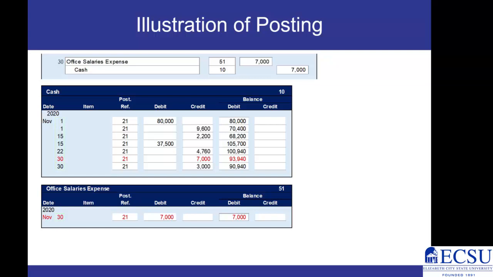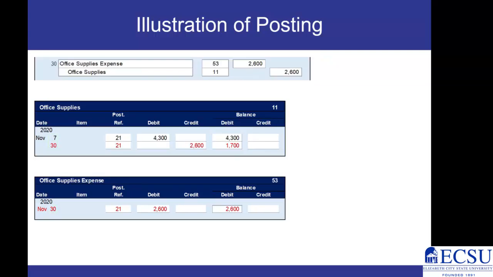Next journal is office salary expense is debit. So I have opened the office salary expense, and cash is credit. So you can see I have credited that cash with 7,000. So that is how we continue to do the posting. Office supply expense is debit and office supplies is credit.